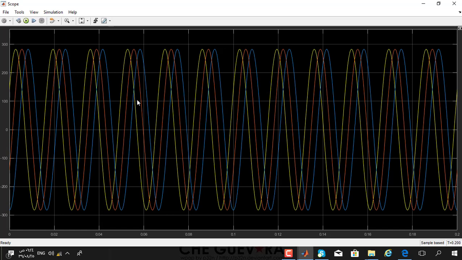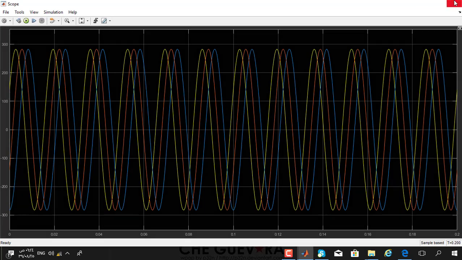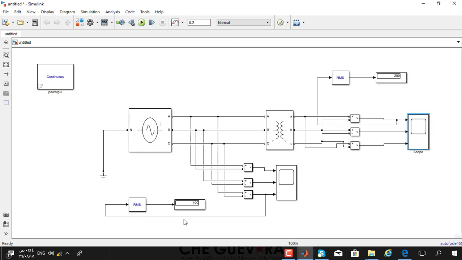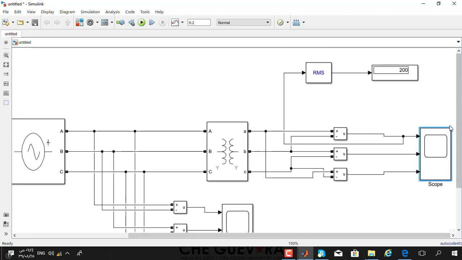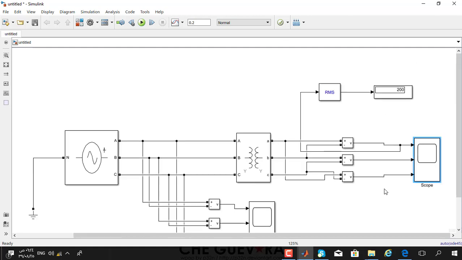This is our graph. As you can see here, before the transformer our voltage is 100, and after the transformer 200, because it's step up.